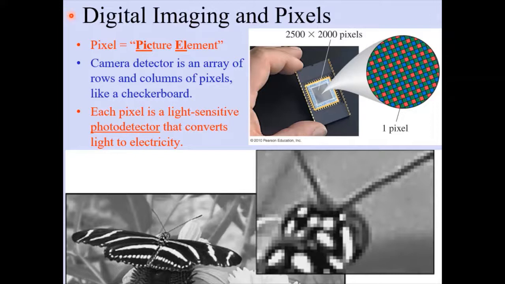So the whole concept of digital imaging has to do with pixels, which you've no doubt heard of. The word pixel comes from picture element. And if you were to look inside of a digital camera, even the one in your smartphone, there is a little electronic chip that is called the camera detector.